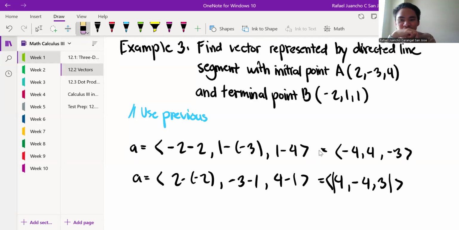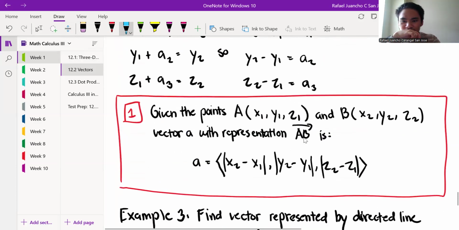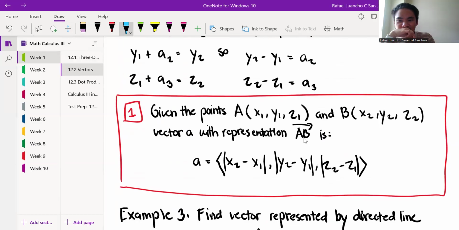Yeah, it really has to be B minus A. This is the answer, because it specifically says, it's explicit, that the B, we subtract it with the coordinates of A. So yeah, I'll read the instructions next time.